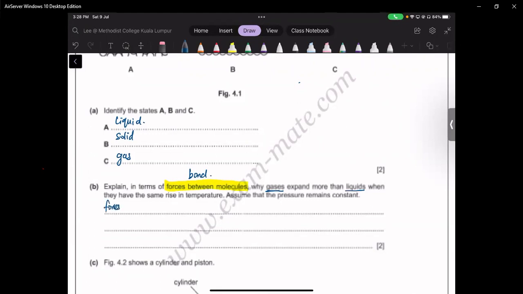So forces between molecules are stronger in liquid. Hence, liquid expands less compared to gas.